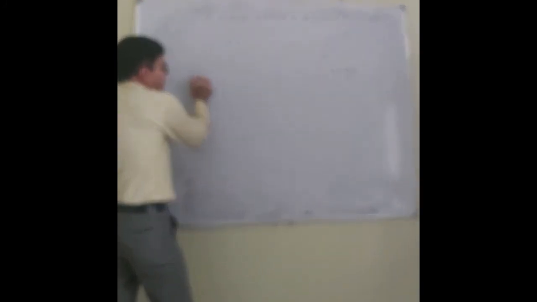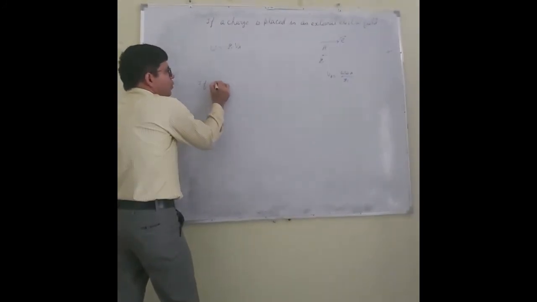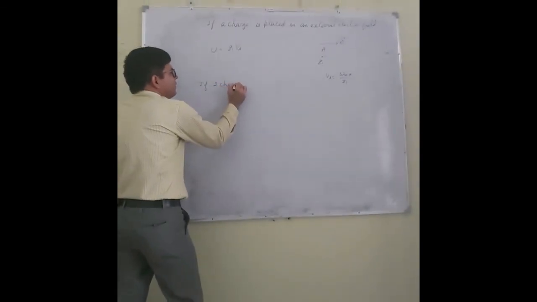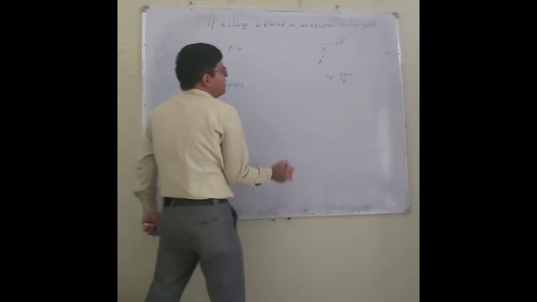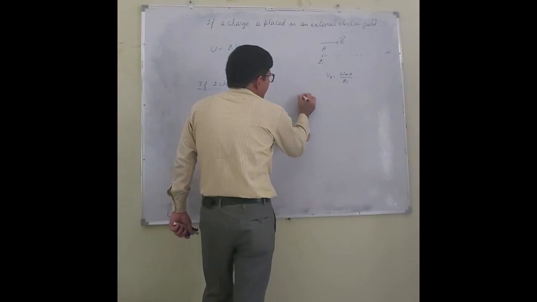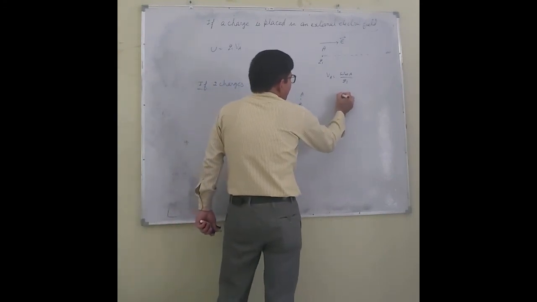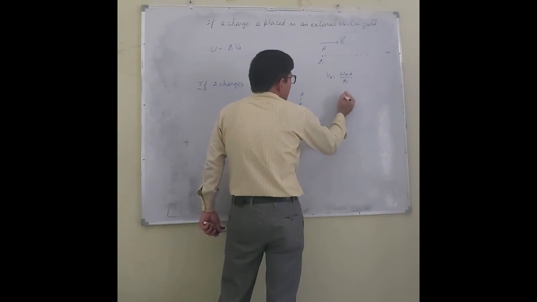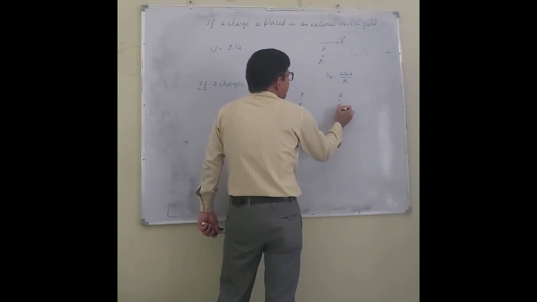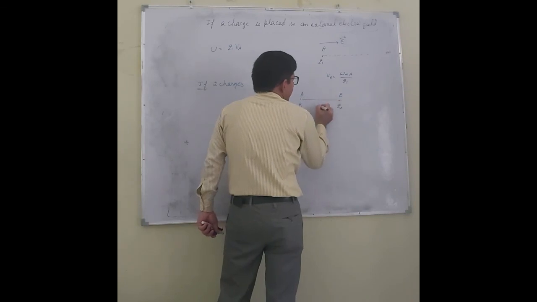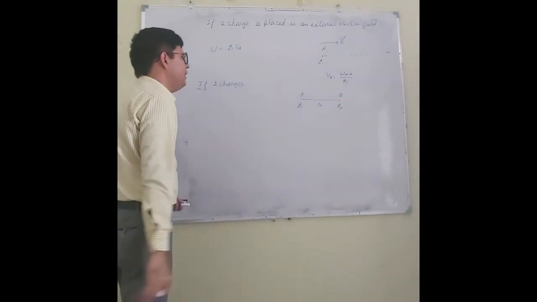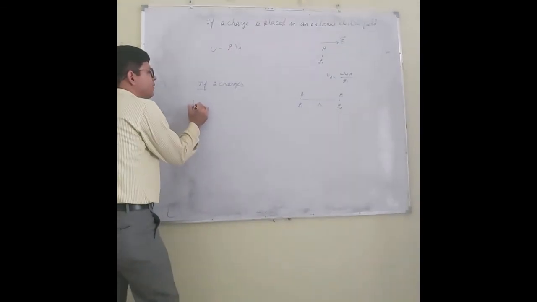Now, if two charges are placed in an electric field, let us say one charge is Q1 which is at A, another charge is Q2 which is placed at B, and the separation is R. What will be the electric potential energy?